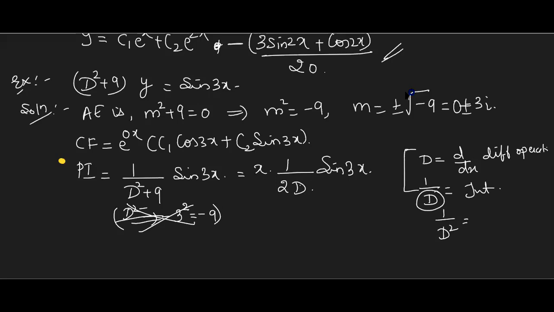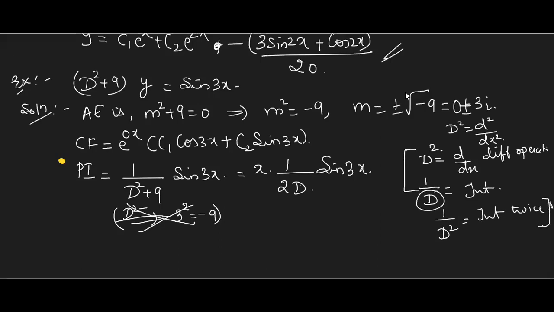If you are getting D square in the numerator, you have to differentiate how many times? What is D square actually? Isn't it second order? Second order. You should differentiate twice. Similarly, if you have D square in the denominator, you have to do the integration twice. That's all.